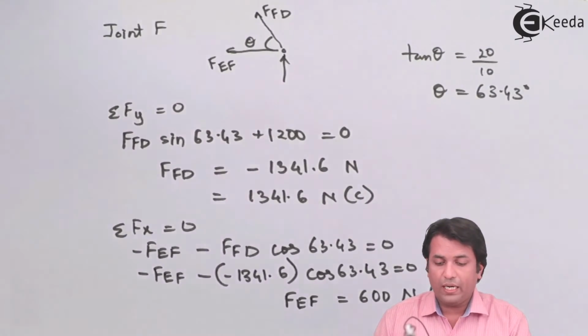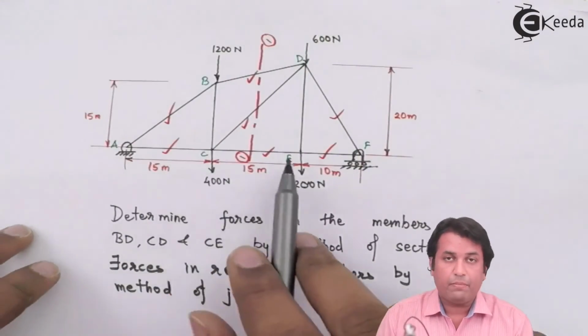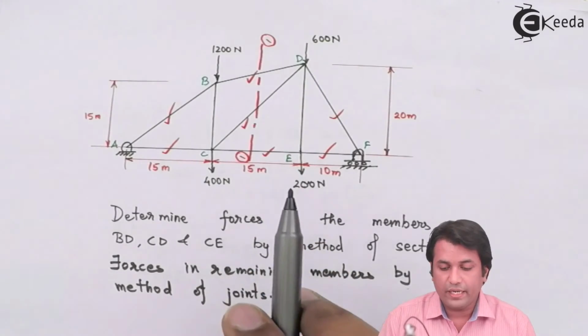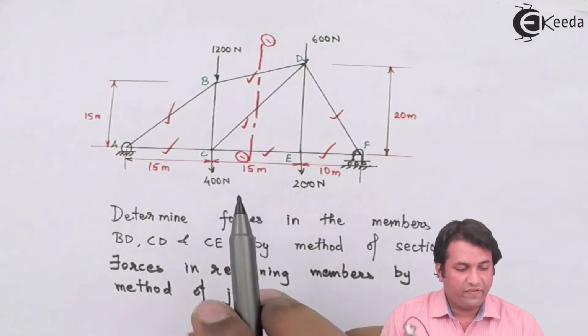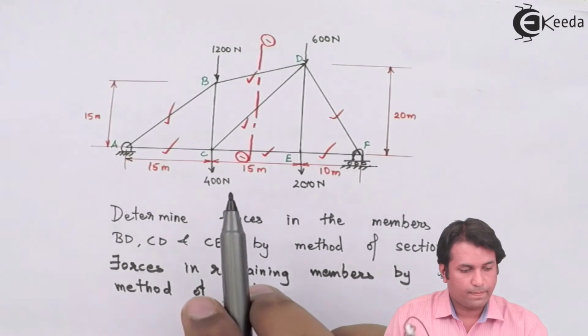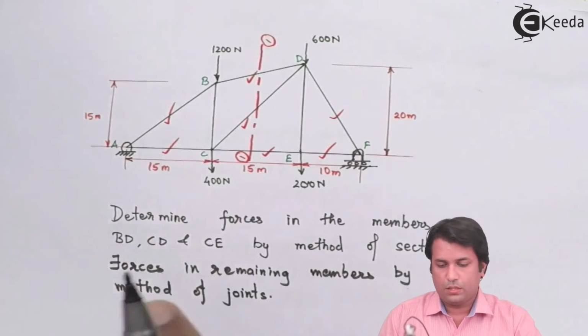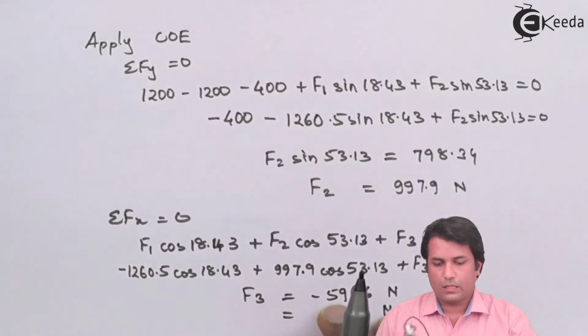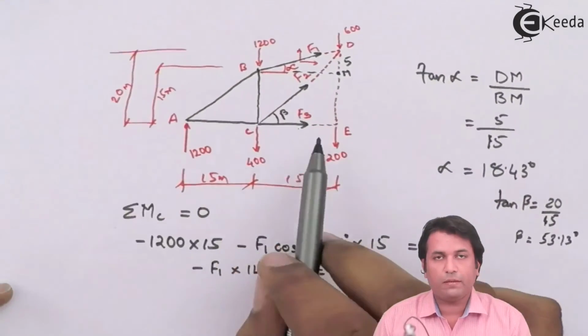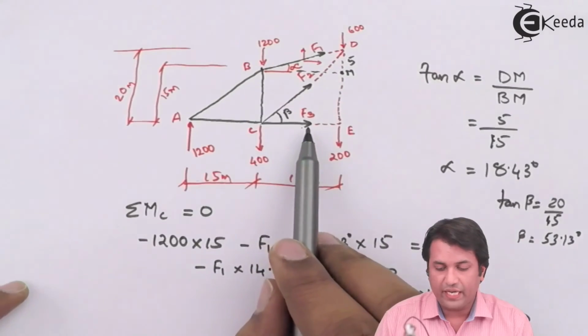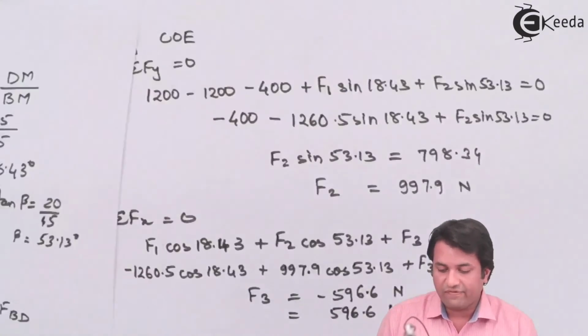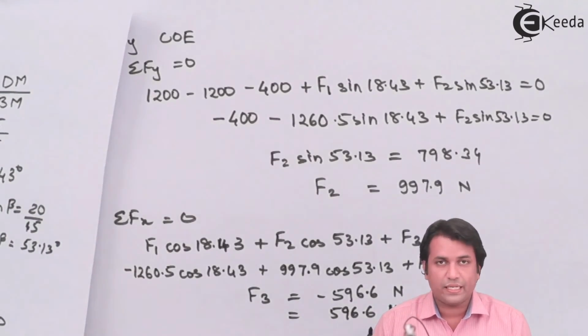And you know that in the member CE, by method of sections, we have calculated the force. So I'll just verify that now. You can see in this sheet, by using method of sections, F3, I have got the value as 596.6 kilonewtons.